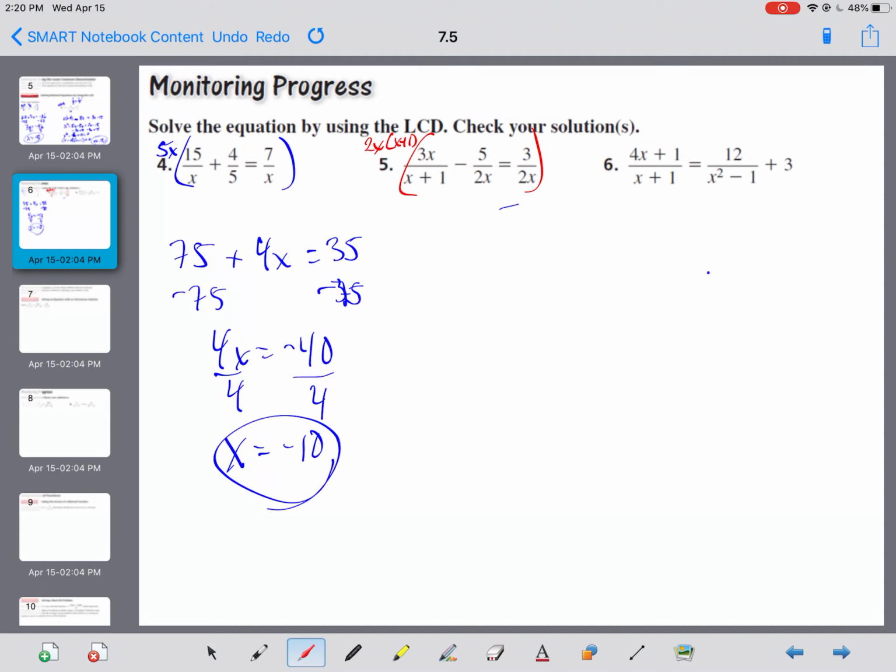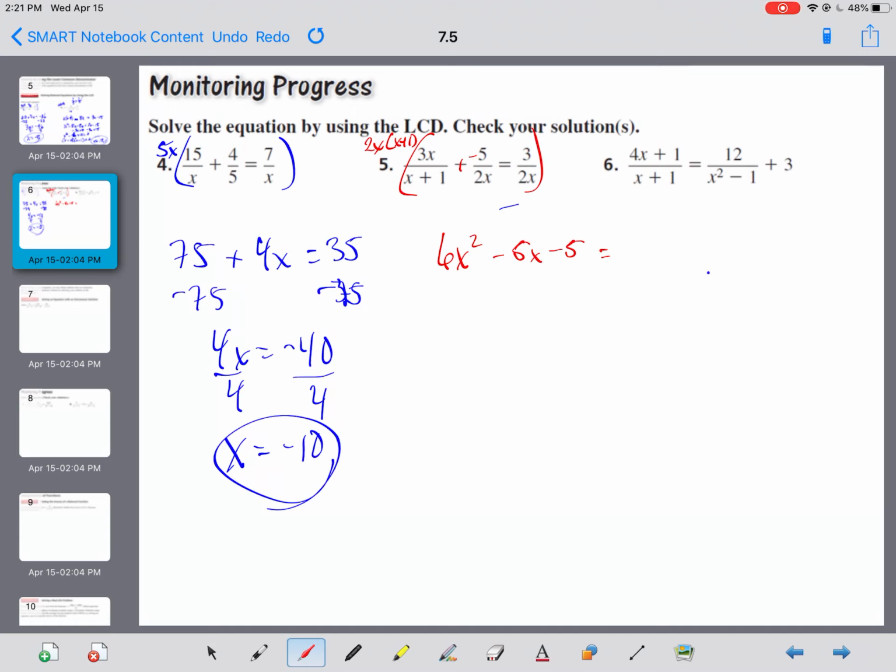Let's try this one. We need a 2x times x plus 1 to everybody. The x plus 1 drops, so 2x times 3x is 6x squared. Minus, drop the 2x, we got 5x plus 5 in parentheses, or you could go like this and make it a -5. That's probably what I would have done, is changed it into a plus.